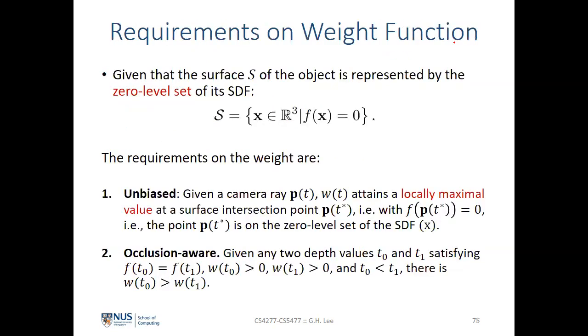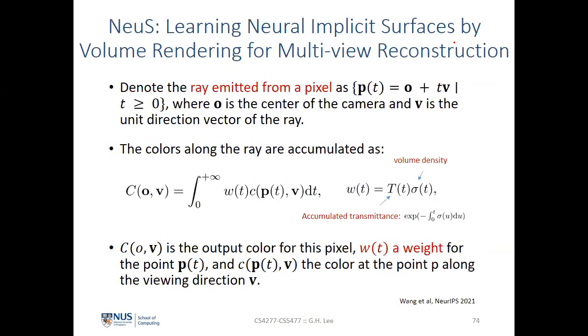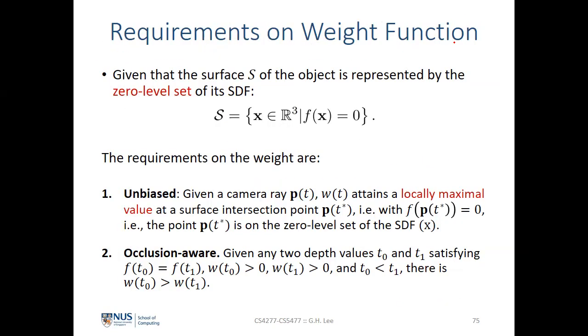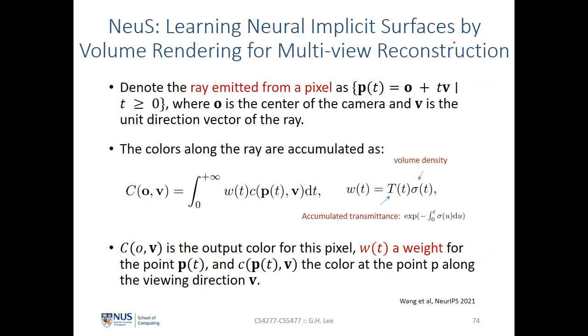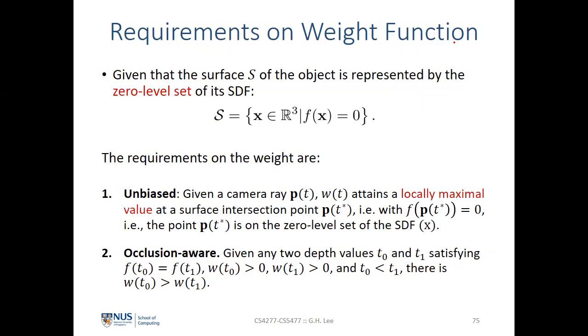Okay. And then given the level set of S here, they say that there are two requirements on this weight. Inside NeuS, they claim that there must be two conditions, and these two conditions must be satisfied in order for the SDF to be put inside this volume rendering equation. First, it must be unbiased.